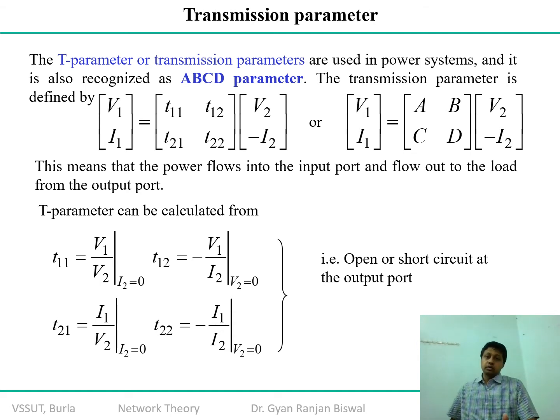If you put the same constraint, I2 equal to 0, you can also get one more term, that is the forward transconductance parameter, I would say. So it is T21, or in other words, it is C.